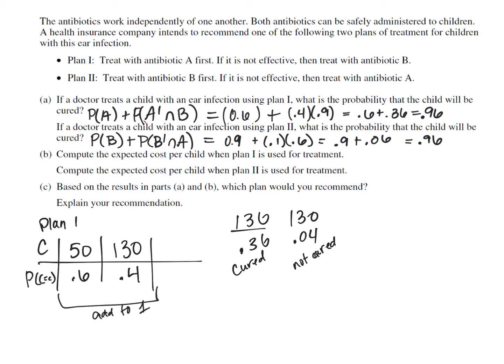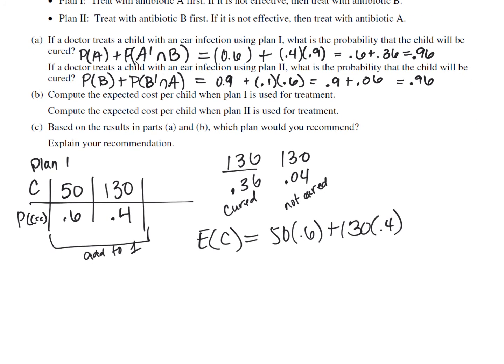How do I find my expected value? Right. 50 times 0.6 plus 130 times 0.4. We get 30 plus 82, 112. Wait, no, that's not right.